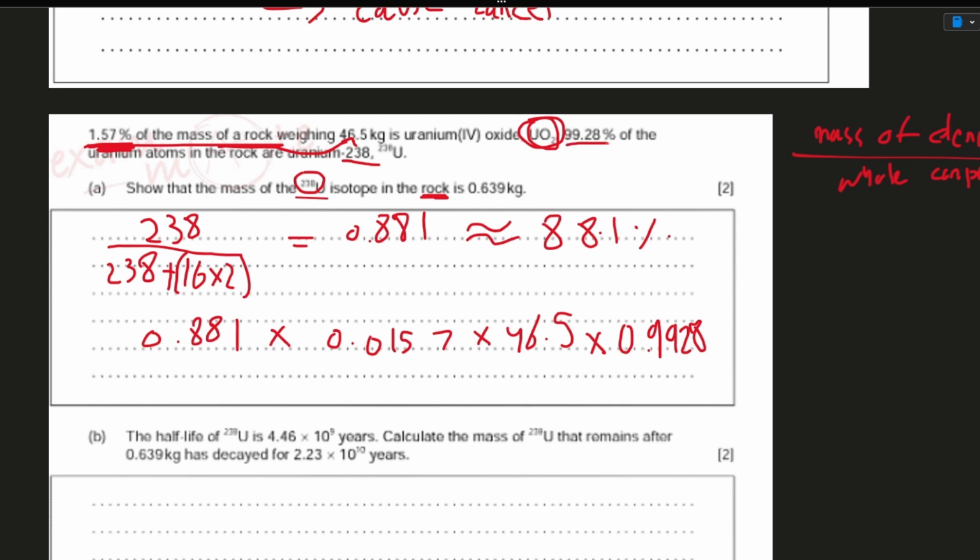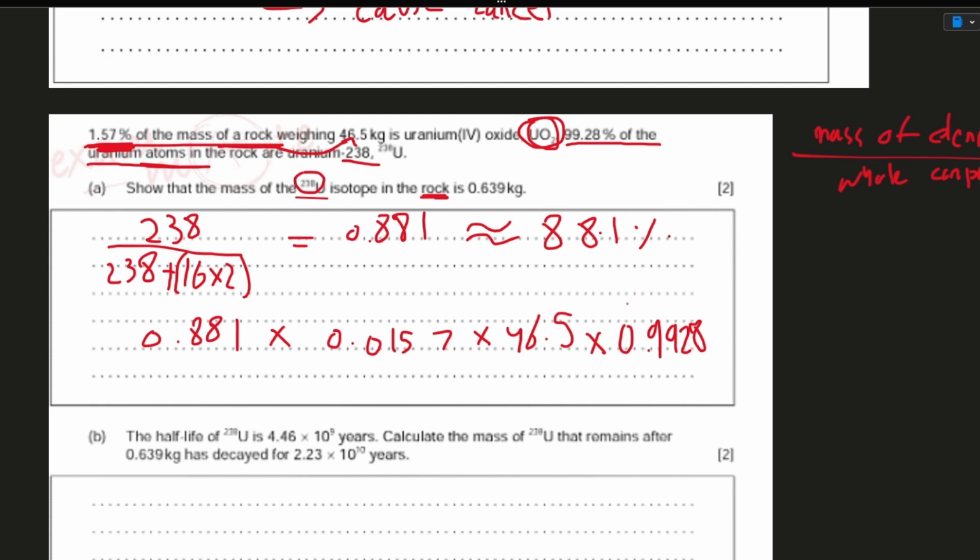Here it says 99.28% of the uranium atoms in the rock are uranium-238, because there could be other isotopes like 239, 237 that we don't care about, so we should times it by 0.9928 to calculate the mass of specifically uranium-238.